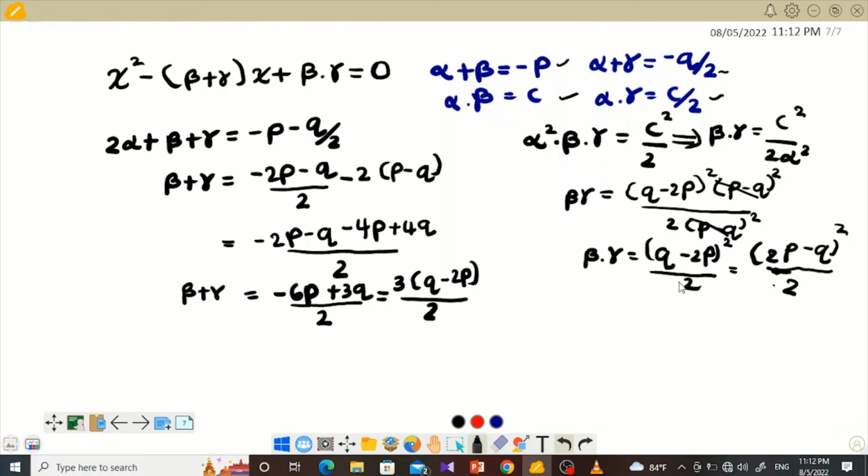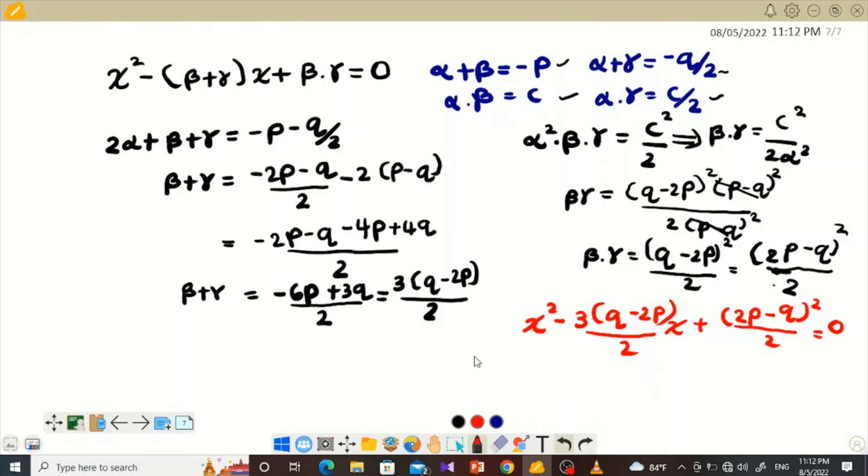Now I am going to substitute these into my equation, which is x squared minus the sum of roots, 3q minus 2p divided by 2, x, plus 2p minus q squared divided by 2 equals 0.